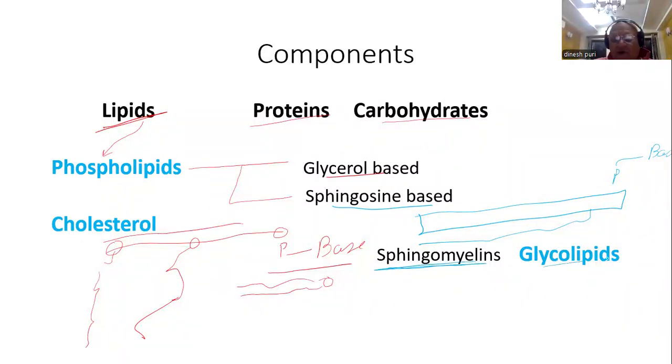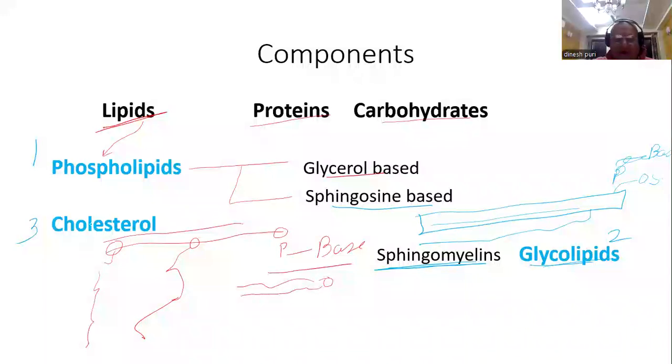What are glycolipids? This is the third type of lipid. In glycolipids, instead of the phosphate and base, an oligosaccharide will be there on the sphingosine backbone. So this is more appropriately called glycosphingolipid.